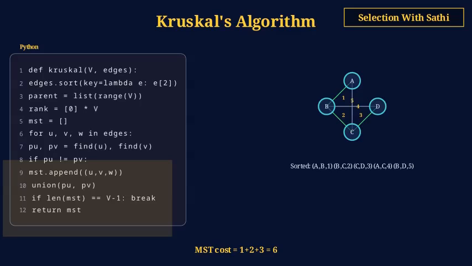Line 7, find the root parents of both endpoints. Line 8, if they are in different components, no cycle, so add the edge. Lines 11 and 12, stop when we have V-1 edges. The time complexity is O of E log E for sorting, plus near-linear union find operations.